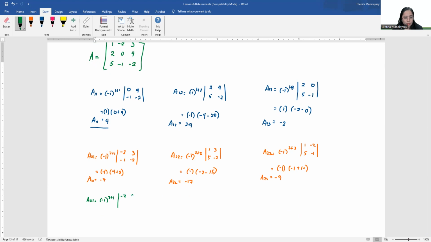This is equal to negative 1 raised to 4, that's positive 1, times negative 2 times 4, that's negative 8, minus 0 times 3 is 0. So negative 8 minus 0 is negative 8 times 1, that's negative 8.